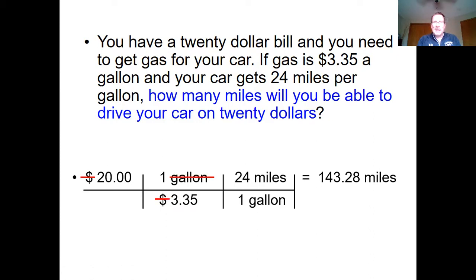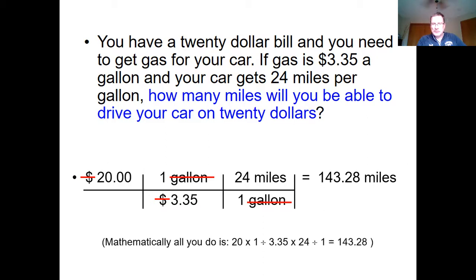I haven't even done the math yet, but I can look and see that everything cancels but miles. So I do 20 times 1 times 24, divided by 3.35 times 1. There you go. 143 miles.